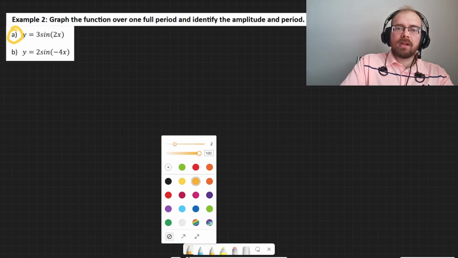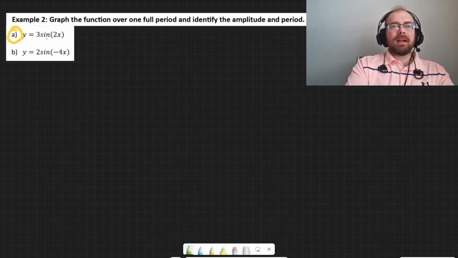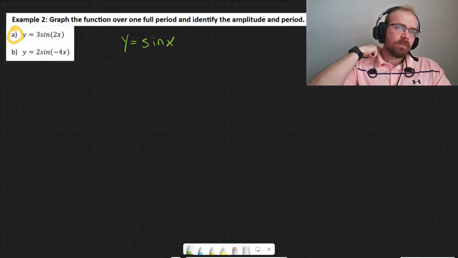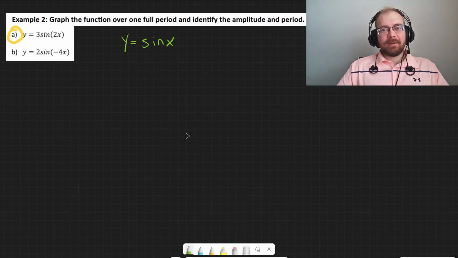Let's just have it be green. That way the green can be the parent function for both, because they both have the same parent function. They're both sine x. So I might end up just graphing them both on the same coordinate axis to save even more time, because I'm all about saving time.